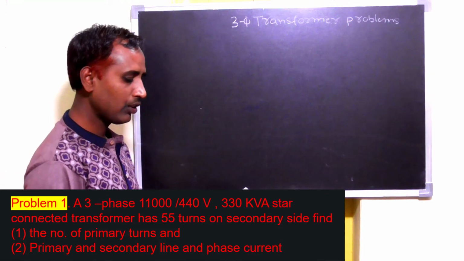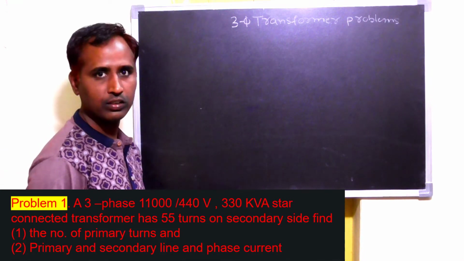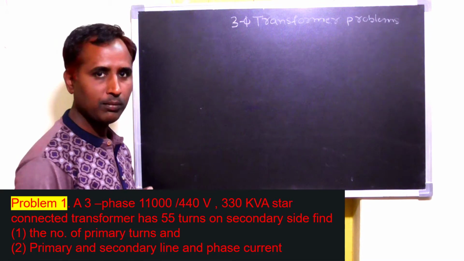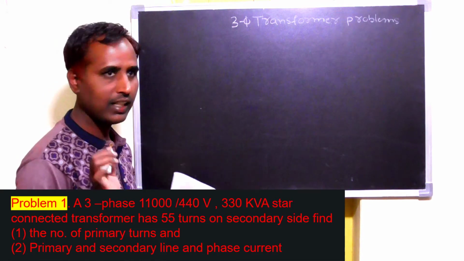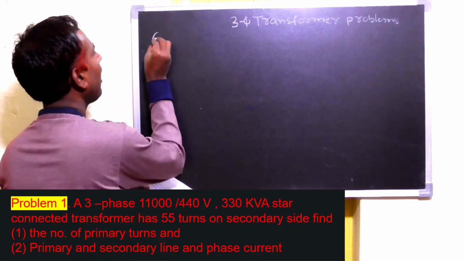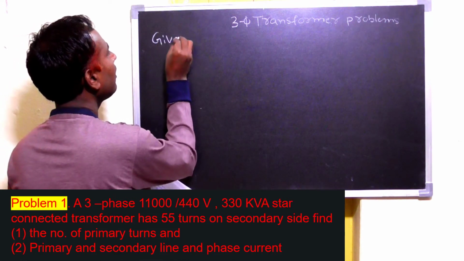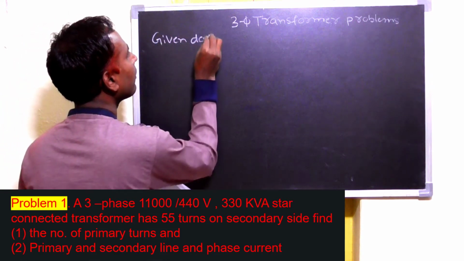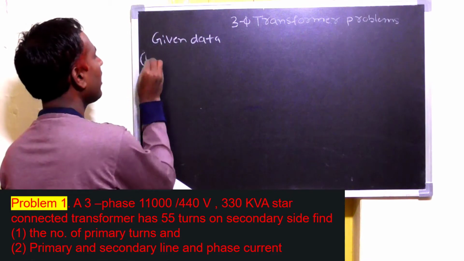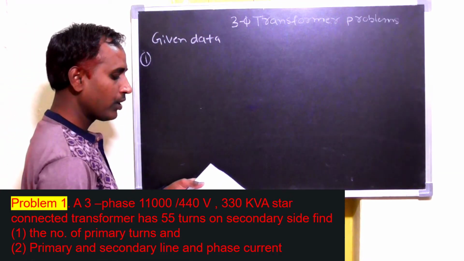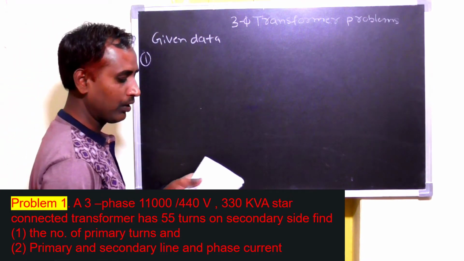A 3-phase 11,000 by 440 volt. Before solving any problem, we have to write down the given data. As usual, I am writing here given data. First, 11,000 by 440 volt.